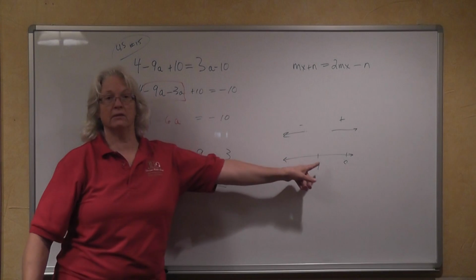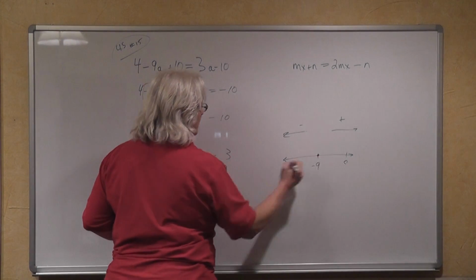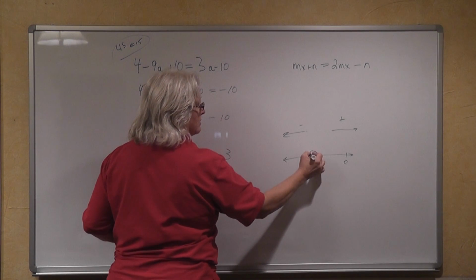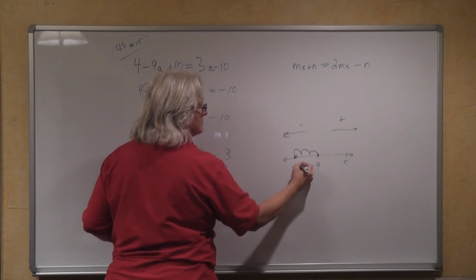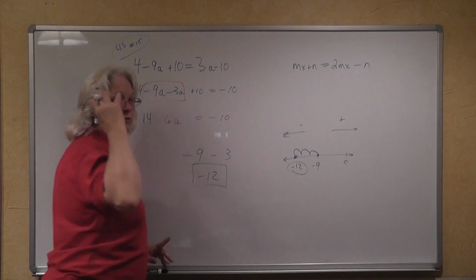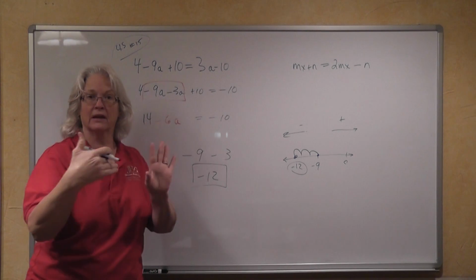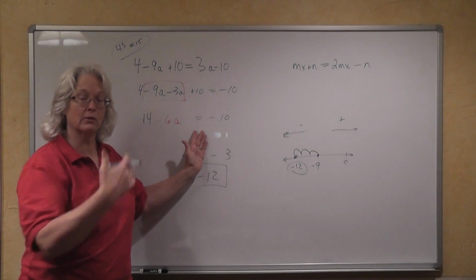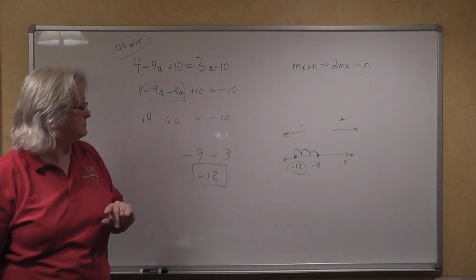You're going to start at negative 9 on the number line, and you're going to hop 3 more units to the left. Negative 10, negative 11, and negative 12. So if you visualize that, you know what's actually going on. Anytime you subtract something, you can say that you're subtracting 3. You're moving to the left on the number line.